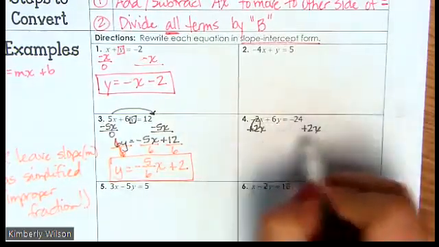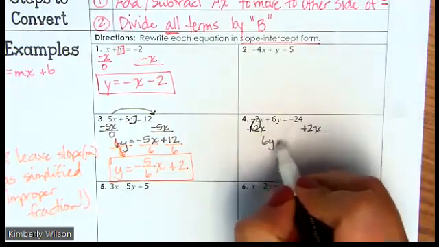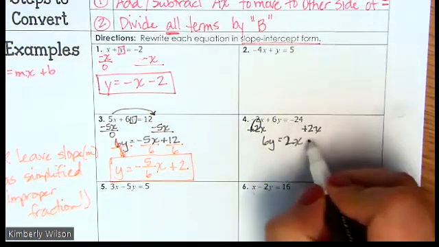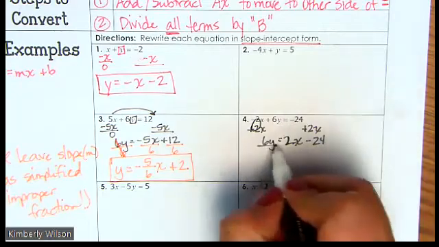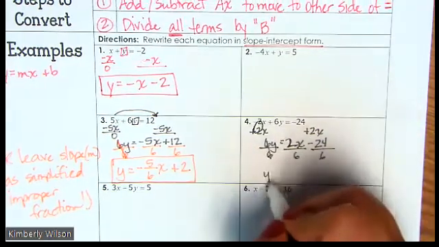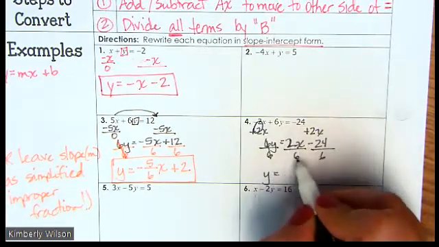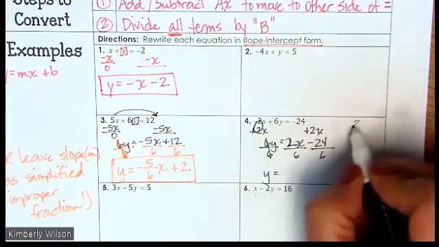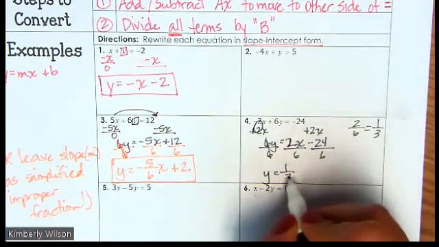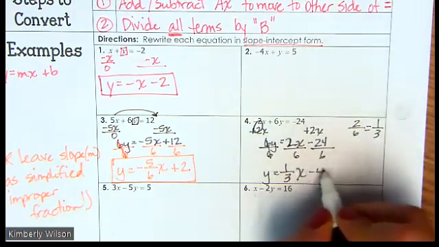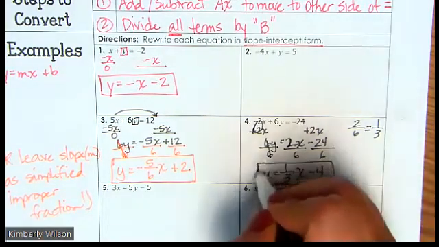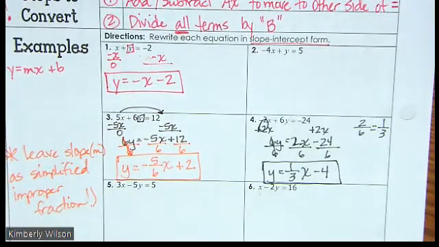This zeroes out, and I'm left with 6y equals 2x minus 24. Oh, I'm dividing by 6 again to everything. y equals, this is 2/6. That can simplify. 2/6 simplifies to 1/3. So we end up with 1/3 x minus 4. That is your final answer. So glad I switched to this question. That's a good question to have.